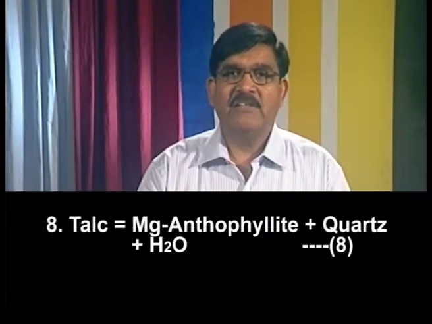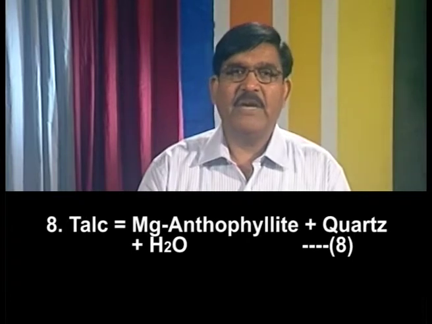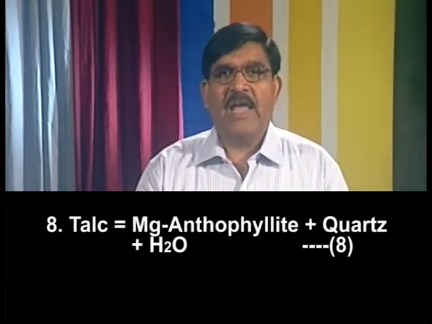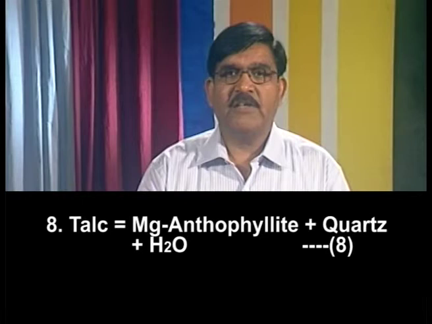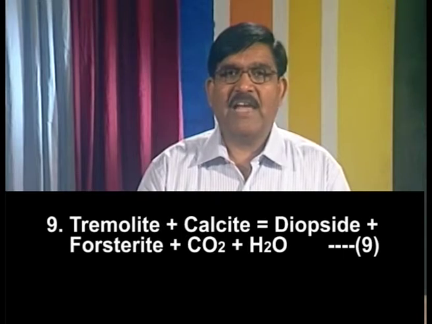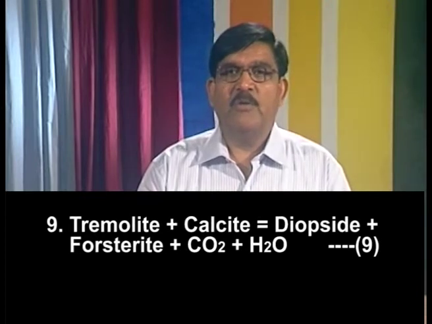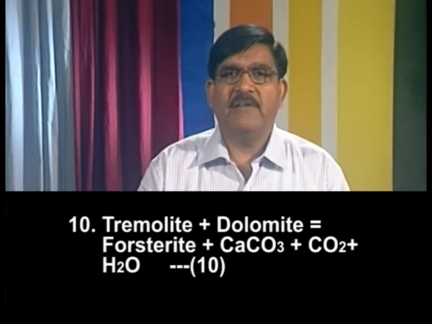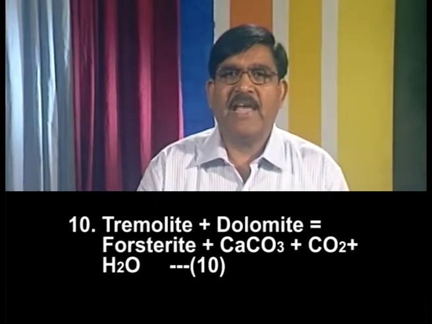Reaction number 8 is talc breakdown into Mg anthophyllite plus quartz plus water. Reaction number 9 is tremolite plus calcite gives rise to diopside plus forsterite plus CO2 plus water. Reaction number 10, tremolite plus dolomite gives rise to forsterite plus calcite plus CO2 plus water.